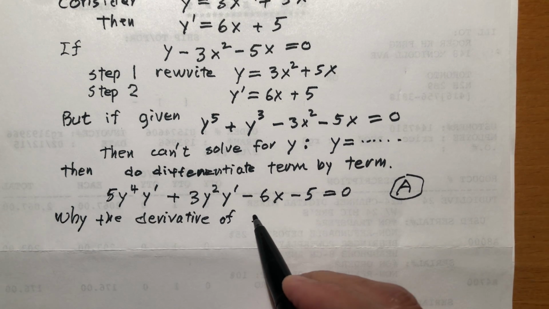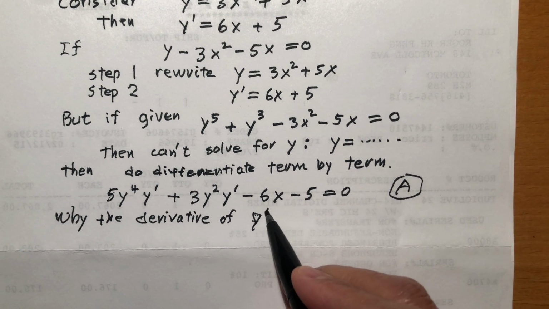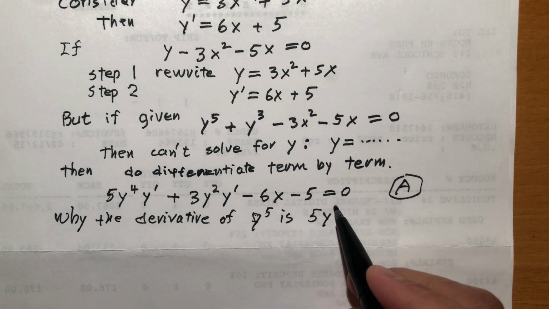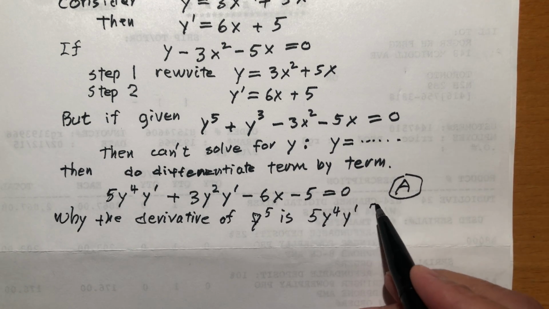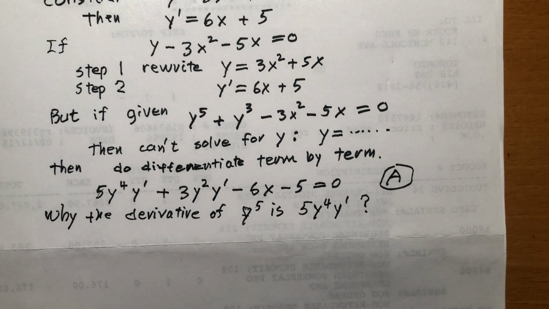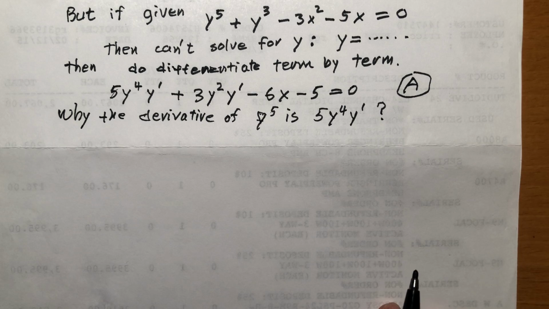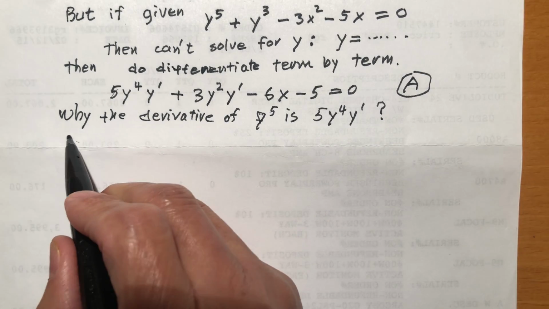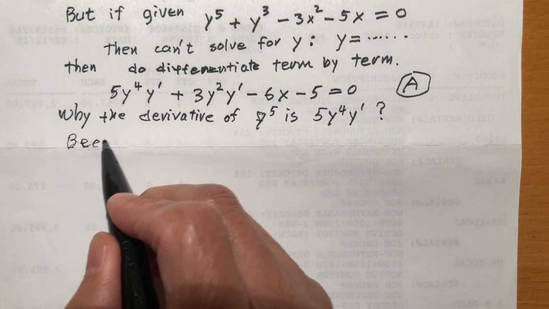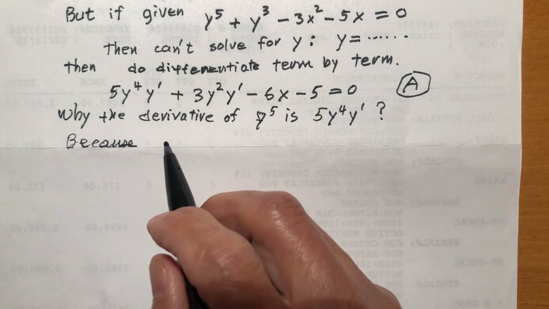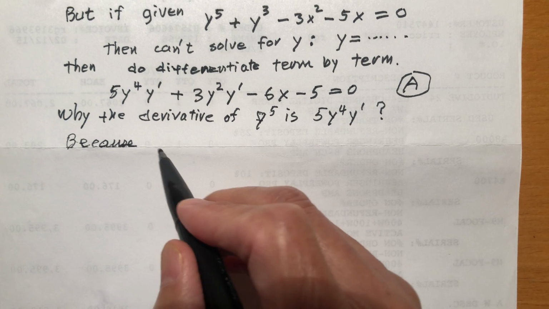Why is the derivative of y to the power 5 equal to 5y to the power 4 times y prime? Why is this so? Then we need to go back to previous lessons, because we have the general power rule.